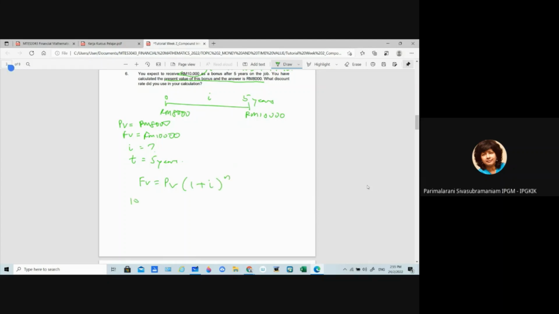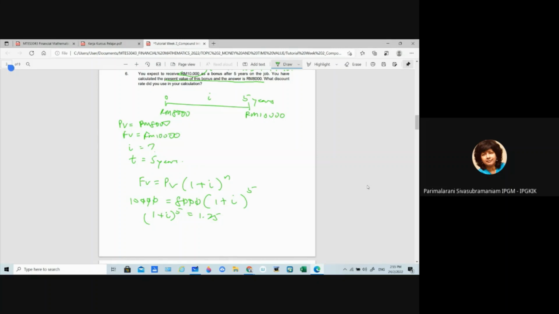So 10,000 is equal to 8,000 times 1 plus i to the power of n, where n is 5. Now we want to solve this. How do we solve this? So 1 plus i to the power of 5 is equivalent to, using the calculator, 1.25.